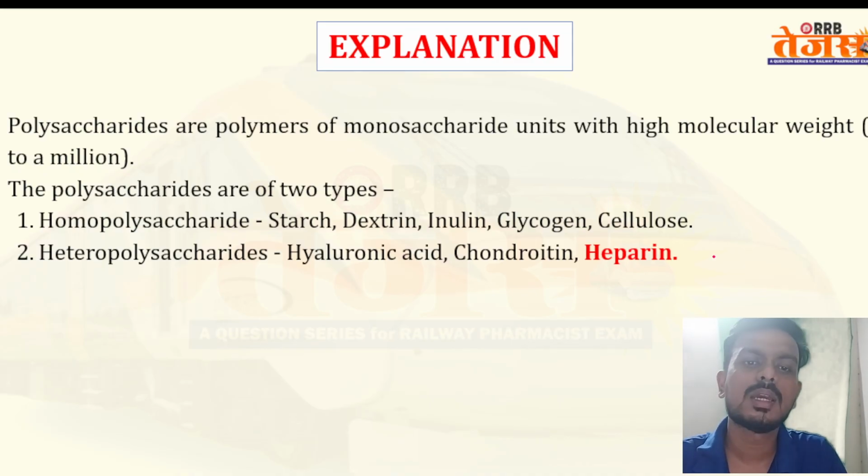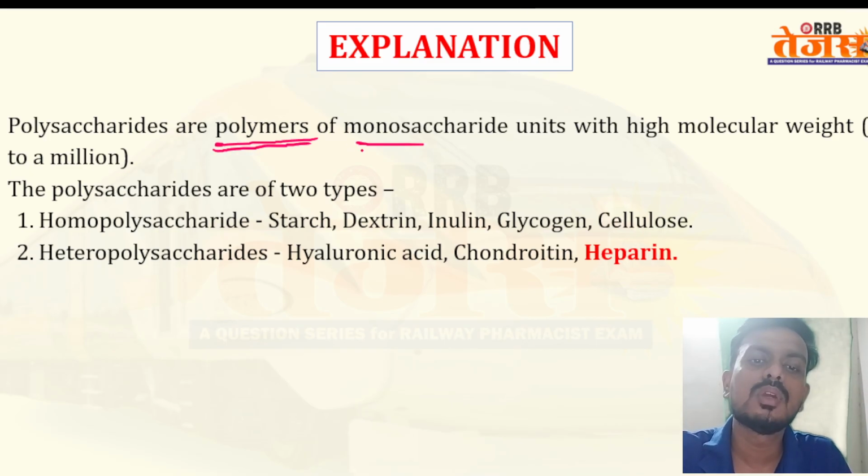Polysaccharides are polymers of monosaccharides. When there is a similar type of monomer, we call it a homopolysaccharide, whereas when there are different types, we call it a heteropolysaccharide.